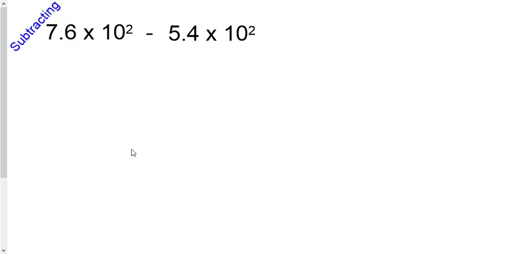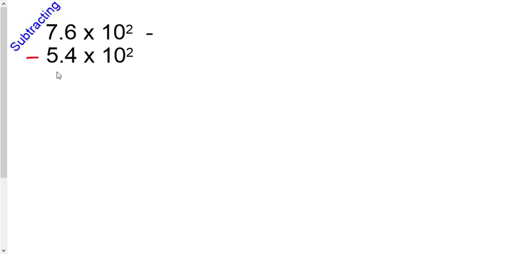When we go to subtract, we're lucky. As long as they have the same exponent, we just have to literally subtract the front number. Don't worry about changing the exponent. So 7.6 times 10 to the second power minus 5.4 times 10 to the second power is nothing more than 2.2 times 10 to the second power.